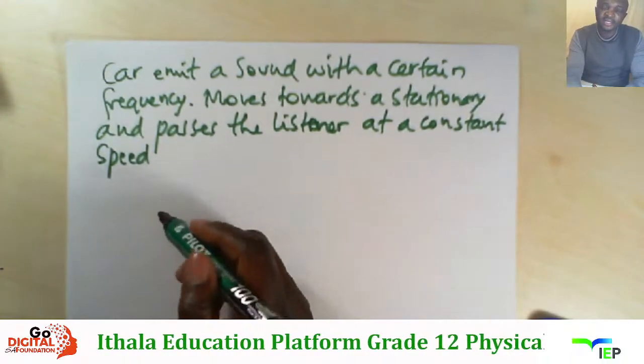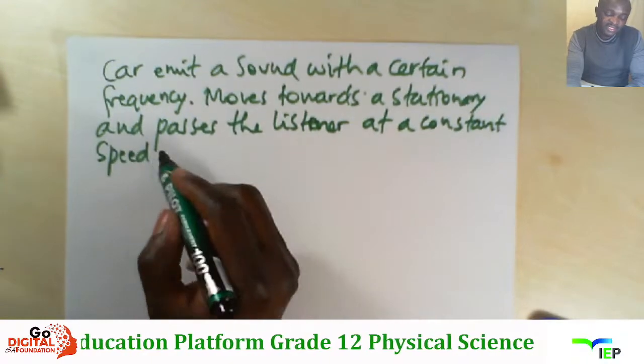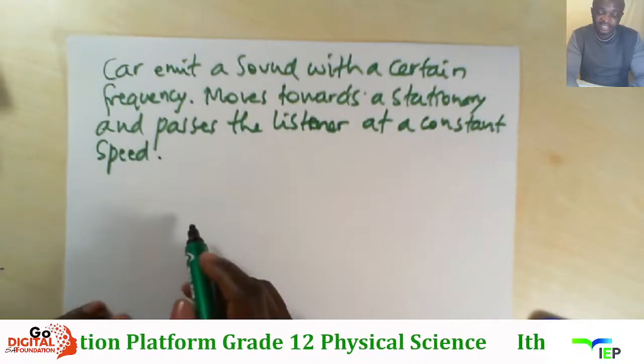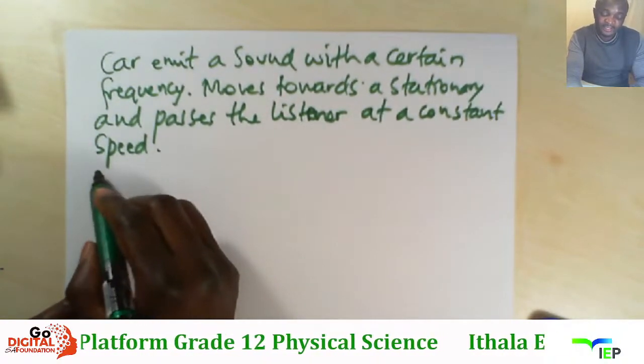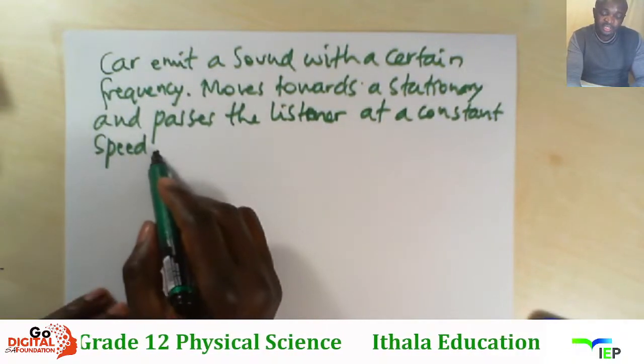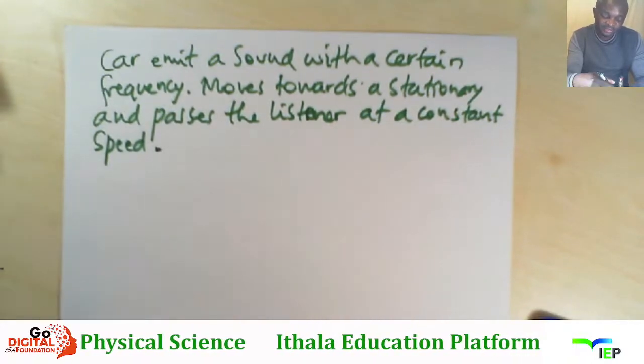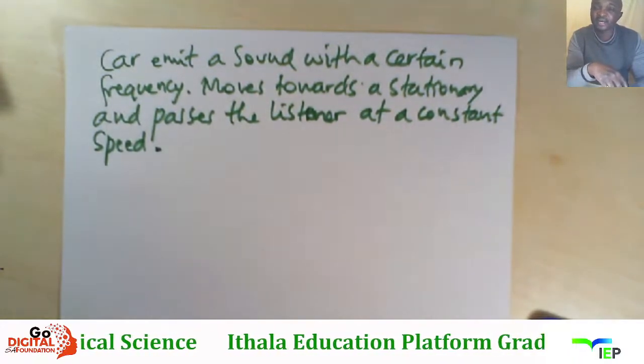Now let's say constant speed, let's say they give us that speed, then they say calculate the frequency or the speed, calculate the speed of the car.